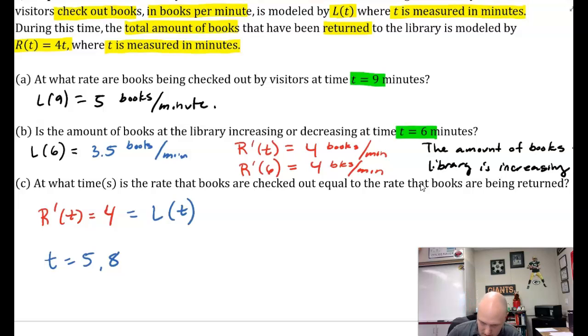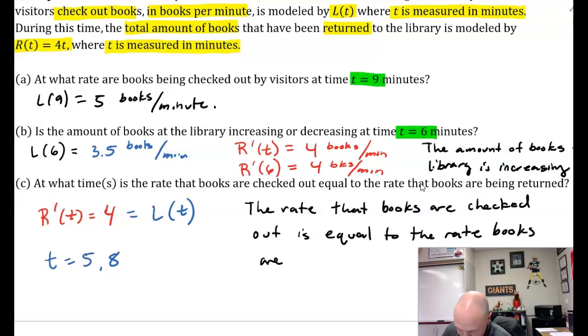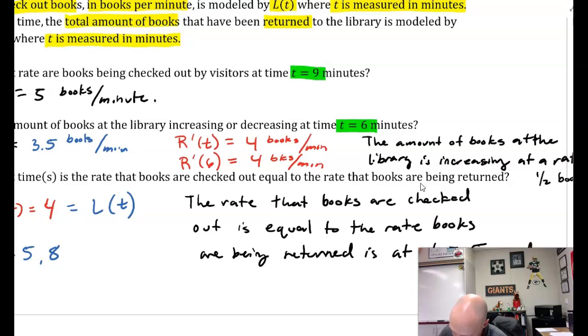Okay, so I'm going to go ahead and say the rate that books are checked out is equal to the rate books are being returned at t equals 5 and 8 minutes.